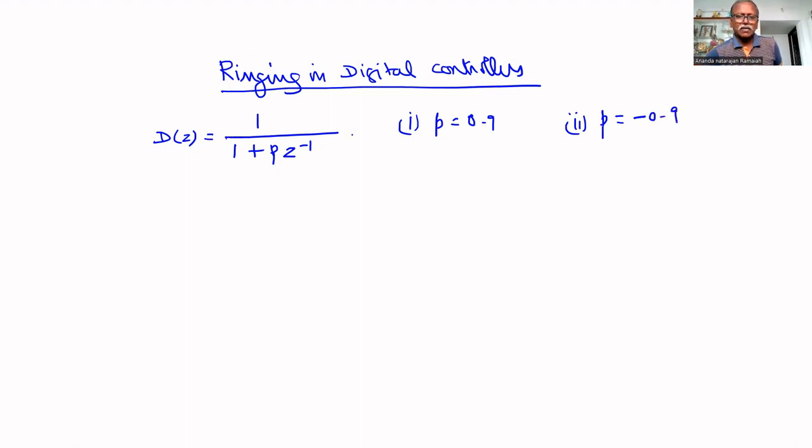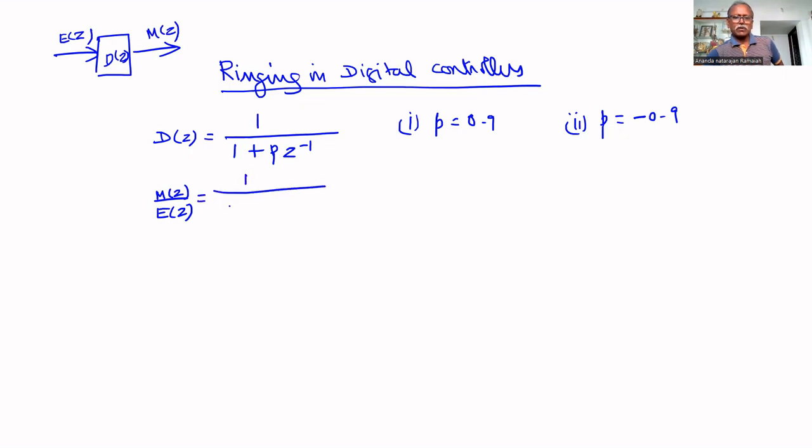Let us consider the first case. Now, what is D of Z? D of Z is M of Z upon E of Z, because for a digital controller the input is error E of Z, and the output of the controller is M of Z. Therefore, M of Z by E of Z equals 1 by 1 plus 0.9 Z power minus 1.